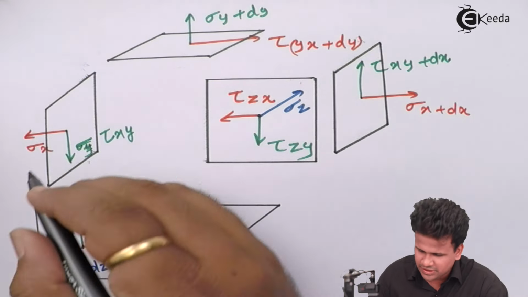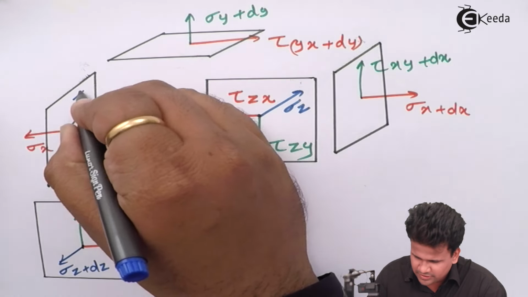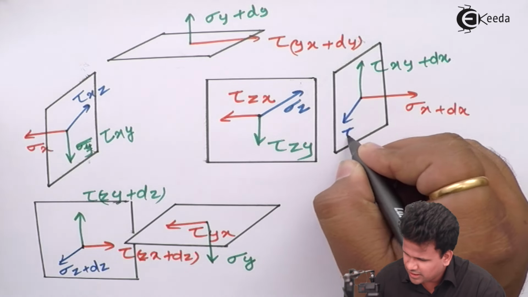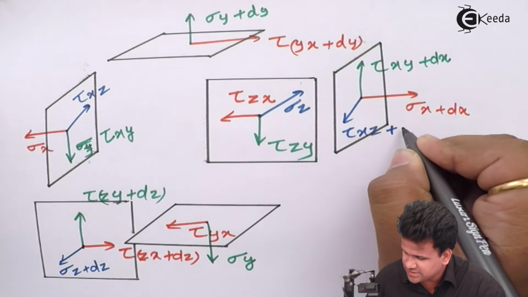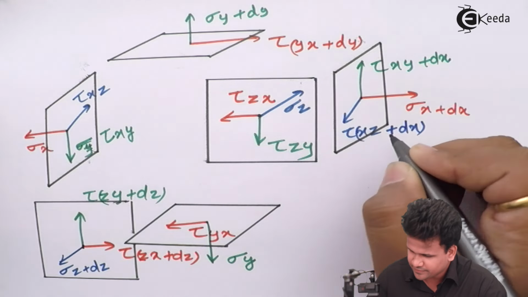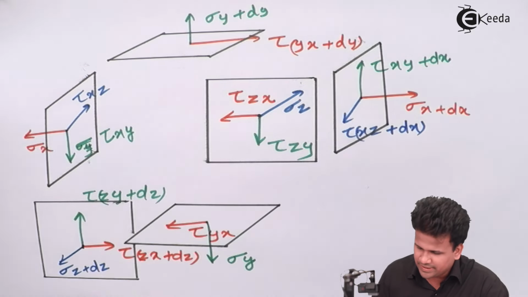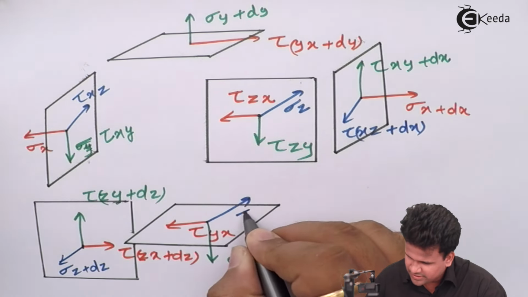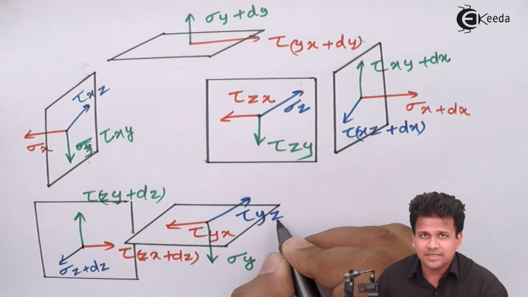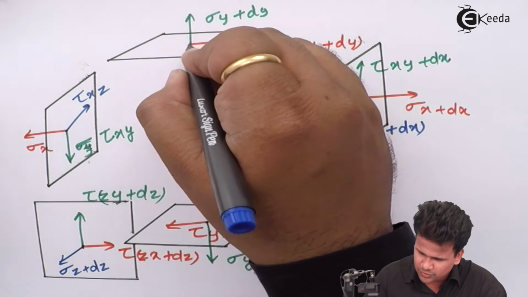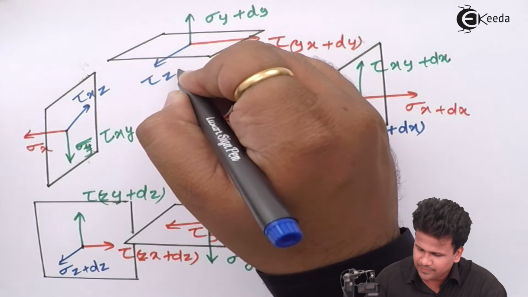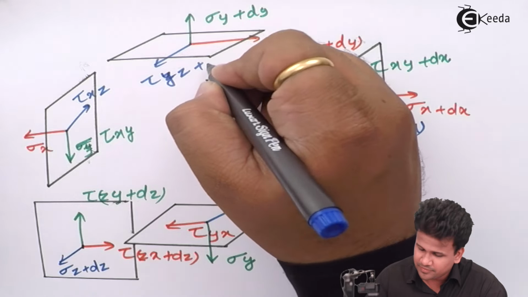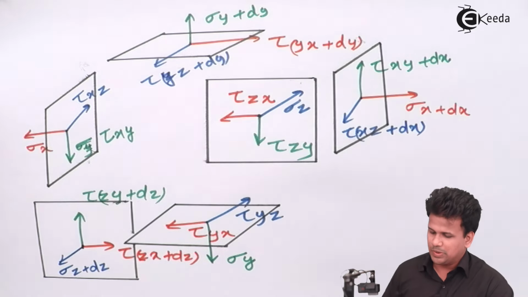These are two x planes, so this will be tau of x plane z direction, and this will be tau of x plane z direction plus dx. Similarly, along the y direction, this force is tau of y plane z direction, and this force is tau of y plane z direction plus dy, since the distance between them is dy.